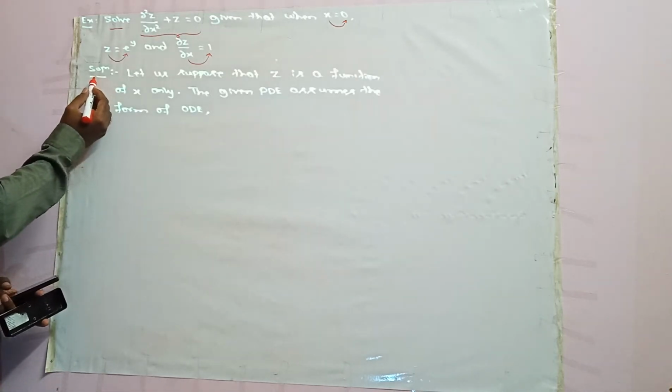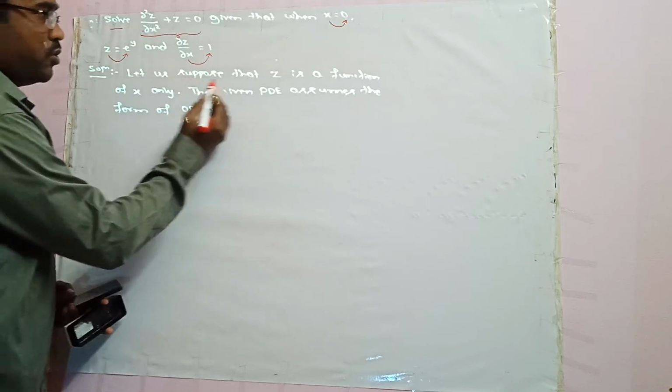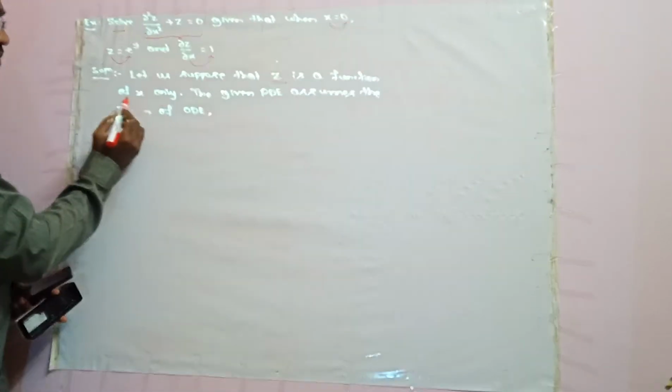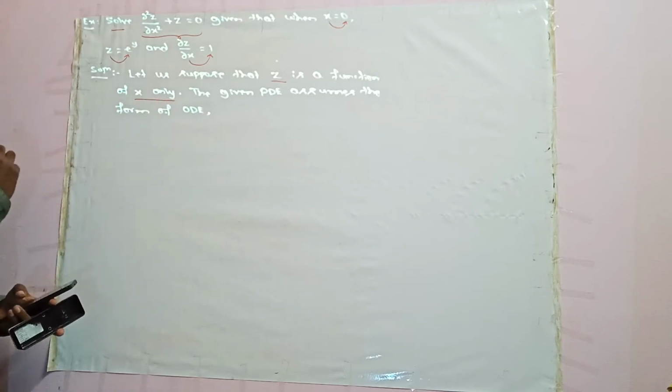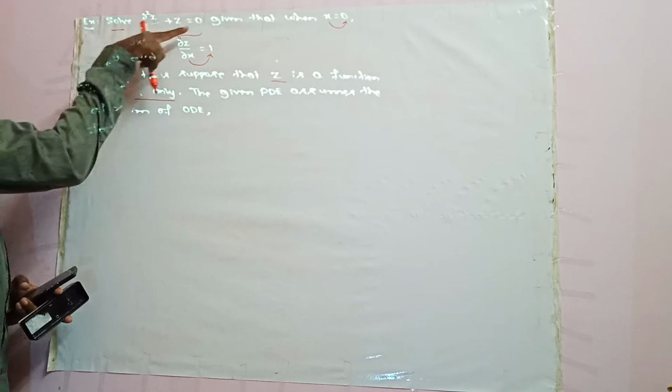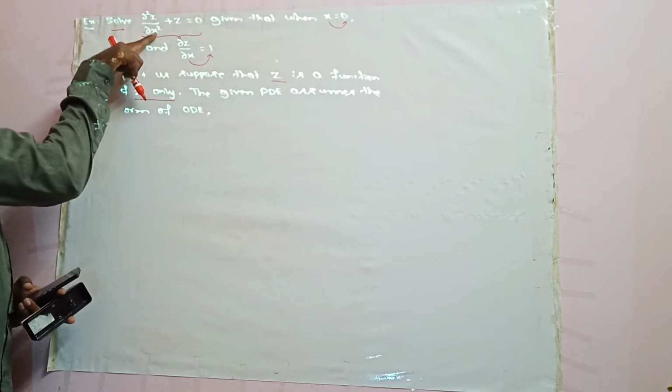Now let us start with the solution. Let us suppose that z is a function of x only. We can assume z as a function of x only because this PDE is with respect to x only.